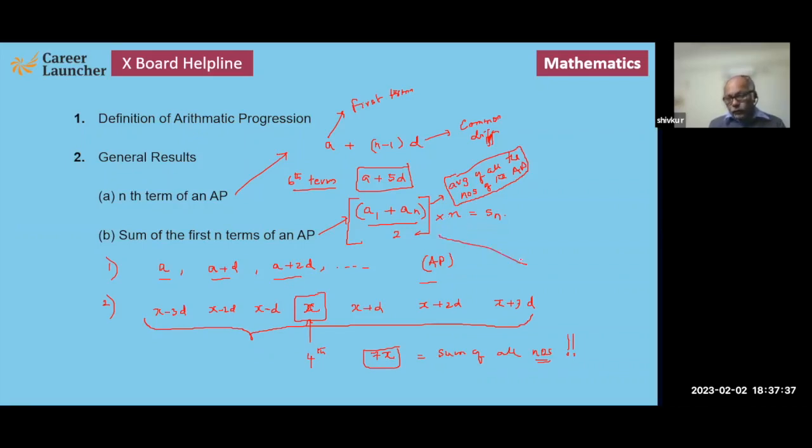This also simplifies into another expression which you normally would remember. Sn is equal to n by 2 into the first term a plus the last term, which is a plus n minus 1 into d. So this simplifies and gives n by 2 into 2a plus n minus 1 into d. So this is the sum to n terms of an arithmetic progression.